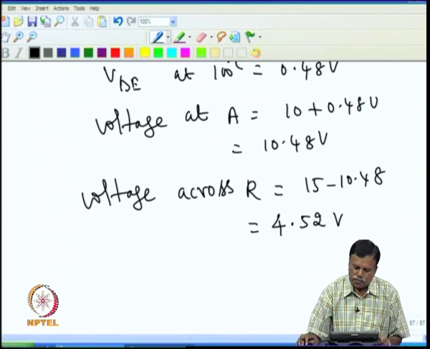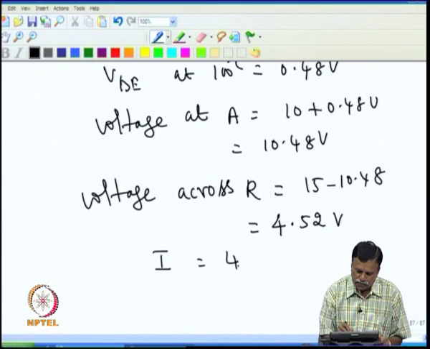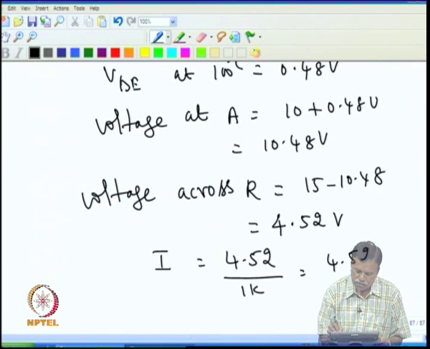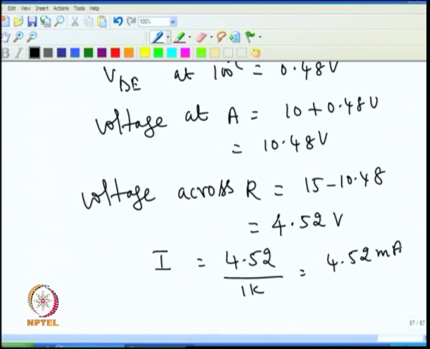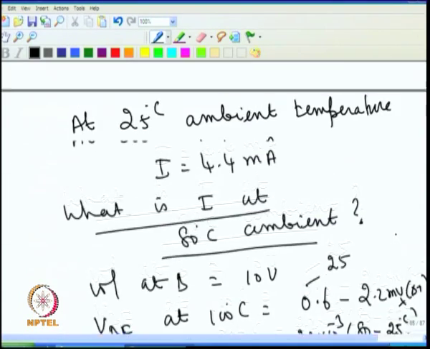So, you got 4.52 volt across R. The new I will be 4.52 divided by 1 K, that will be 4.52 milliampere. So, at this higher temperature the current is 4.52 milliampere.